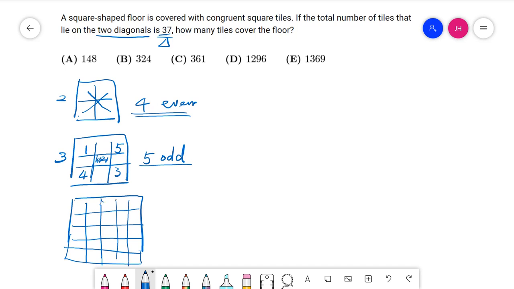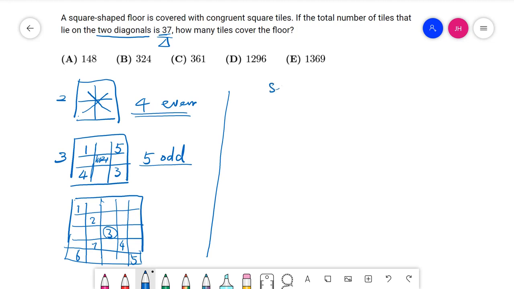Now let's do the count. So we have 1, 2, 3, 4, 5. Look at this. 6, 7, double counted. Nice. Now this already confirmed our finding. We don't have to finish the rest of the work. So therefore we know that the number of tiles needed on each side got to be odd.